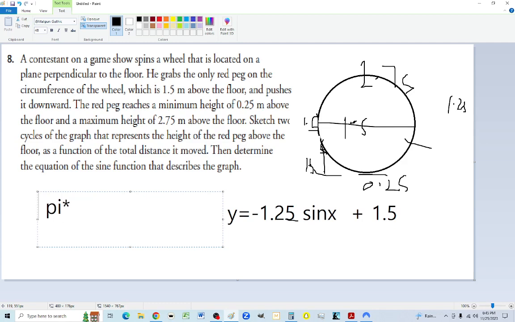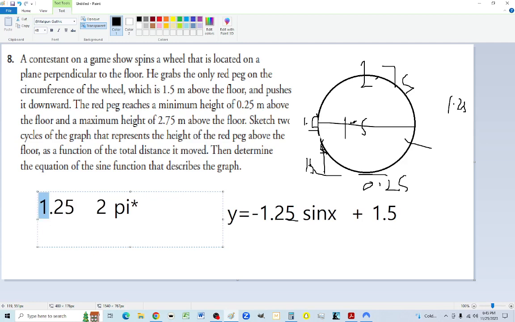Let's try that again. 1.25 times 2 is going to make a distance of 2.5 pi, which is the distance traveled instead of the normal 2 pi. If I look at 2 pi like this, 2 over 1, to turn 2 into 2.5, you have to multiply it by 1.25.